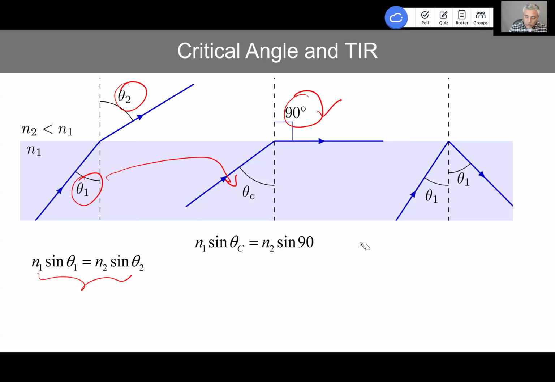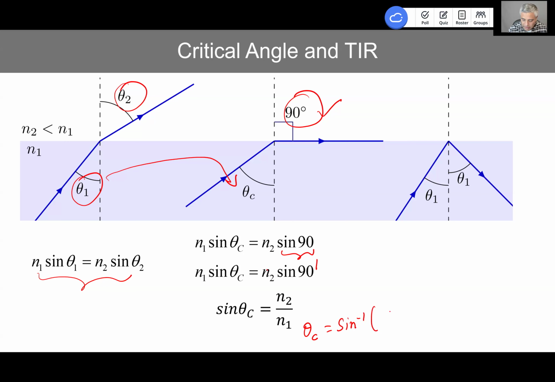And so now, sine 90 is 1. So that means sine theta c, oh, I just copied that for some reason. Sine theta c is n2 over n1, okay? And from here we can solve for theta c, okay? So for example, that's going to be arc sine or inverse sine of n2 over n1.